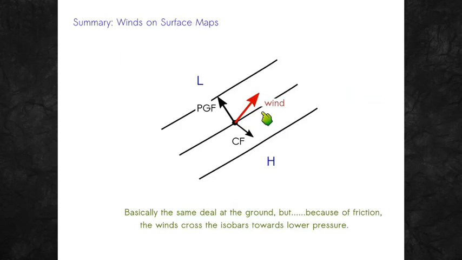The pressure gradient force is bigger, so it can pull the winds a little bit in the direction of the pressure gradient force, right? And so the winds aren't directly along the contours, they're a little bit across the contours towards low pressure. And generally speaking, when we look at surface maps, we see this.